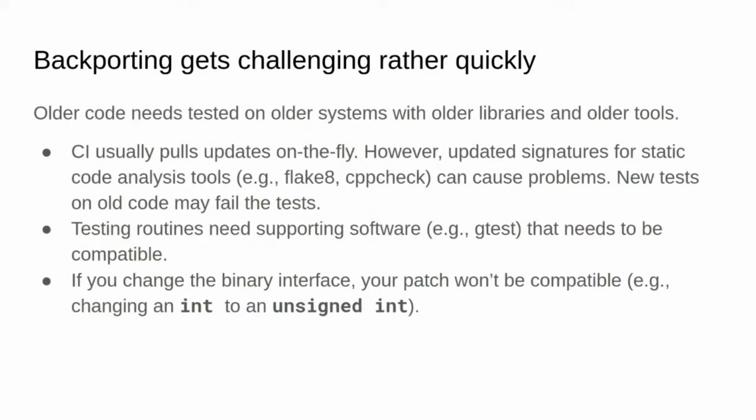So when you're backporting to older versions, you really have to step back in time to the way the world was in 2018 and then test the patch in 2018. That means all the stuff that you use to test, right? Anything that's in your CI/CD pipeline for testing has to be the 2018 version.